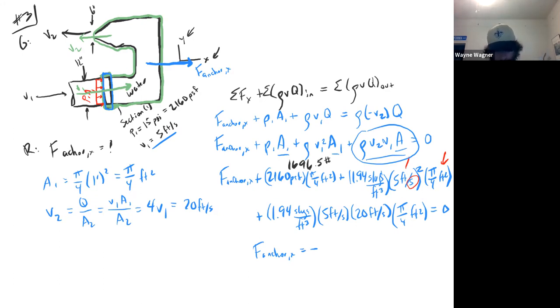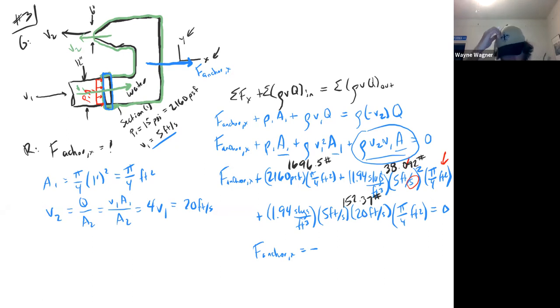This one is 1.94 times 25 times pi divided by 4. This one is 38.092 pounds. And this one is 1.94 times 100 times pi divided by 4 equals 152.37 pounds.